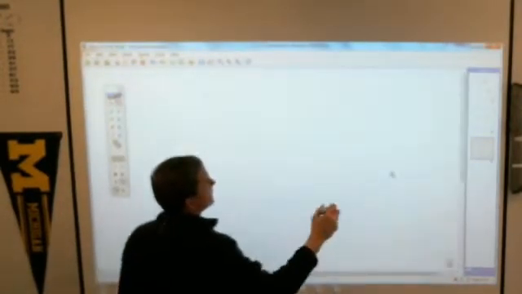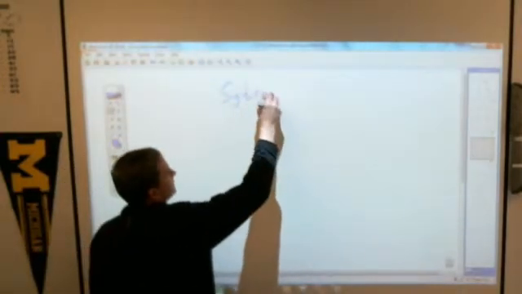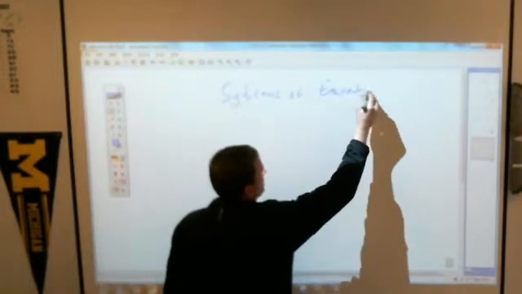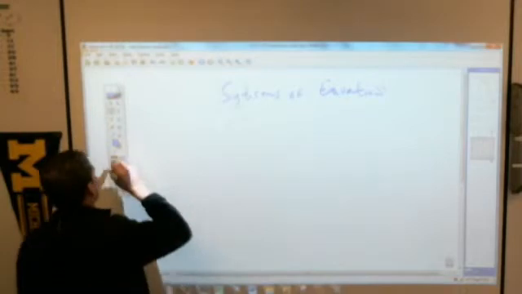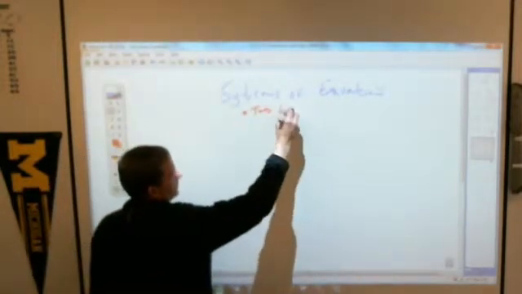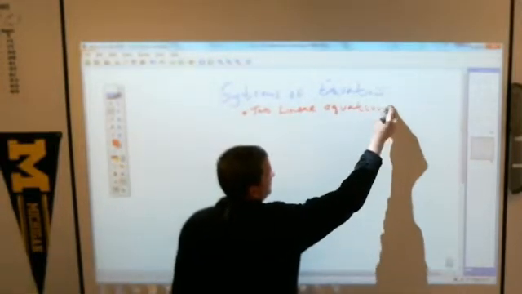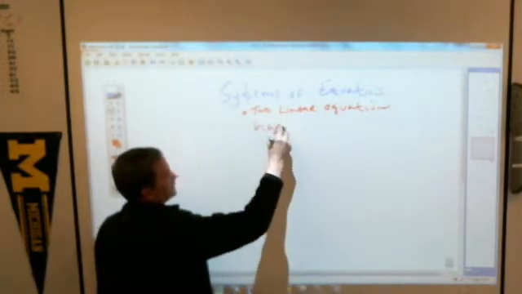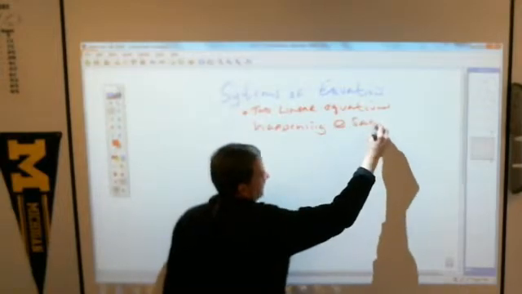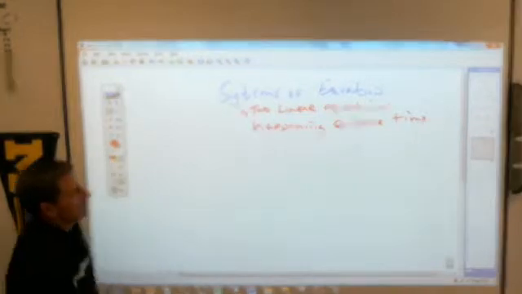We are starting systems of equations, which really means nothing more than you have two linear equations happening at the same time. And there are multiple ways to figure them out.